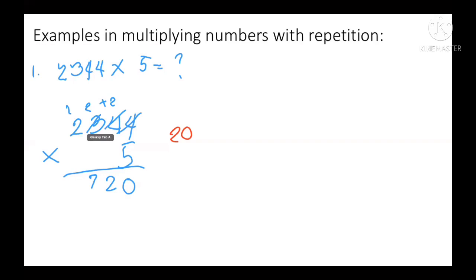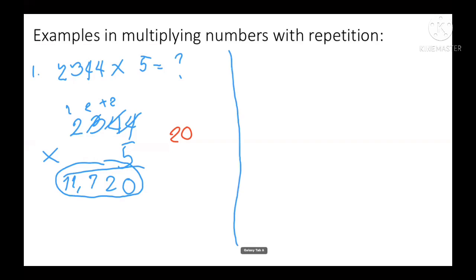Let us now move on to the last digit. 5 times 2. 5 times 2 is 10, correct? 10 plus 1, that is 11. Good job. Now what will be our product? What is our product? 11,720. Very good. Next example.